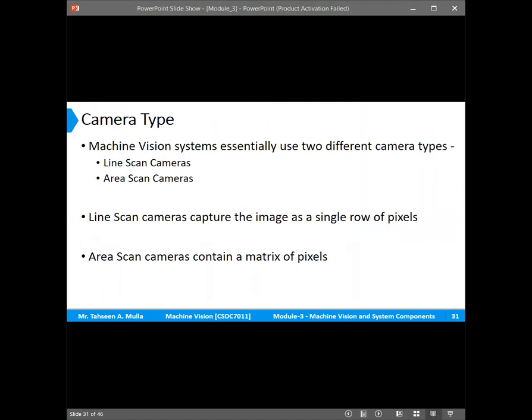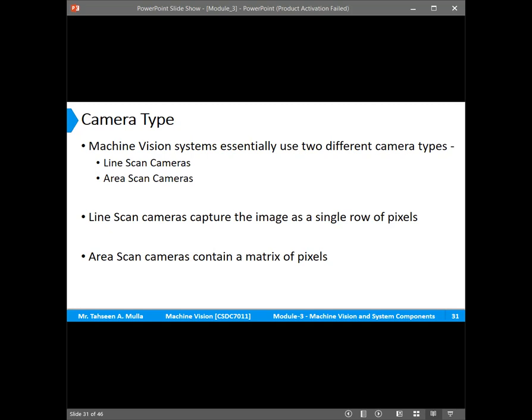So talking about line scan, what we have studied in image sensors is that line scan cameras capture the image as a single row of pixels, right? Most of the time you have seen in any shopping mall, there are barcode readers, right? There are vertical lines of different widths. The moment we scan a light in a horizontal way, it reads them, and those vertical line bits are identified with a particular number.